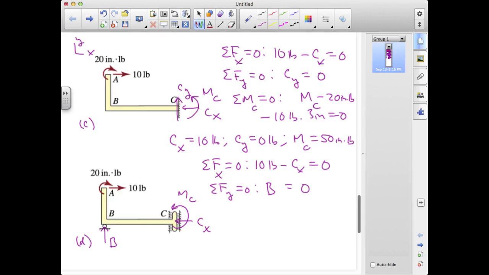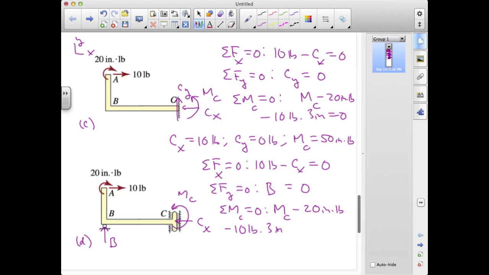And then if I wrote sum of the moments about C equals 0, I have again my reaction MC. I've got my clockwise 20 inch-pound force couple. And then I've got my minus 10 pounds times 3 inches.